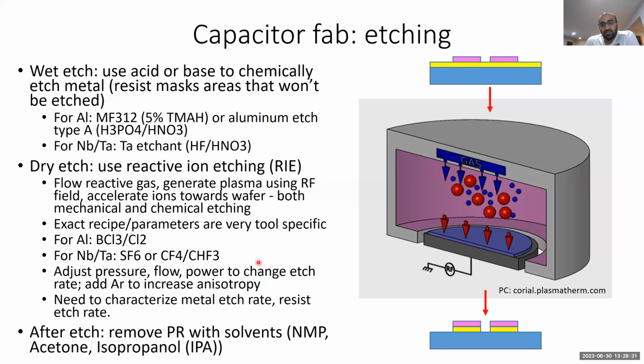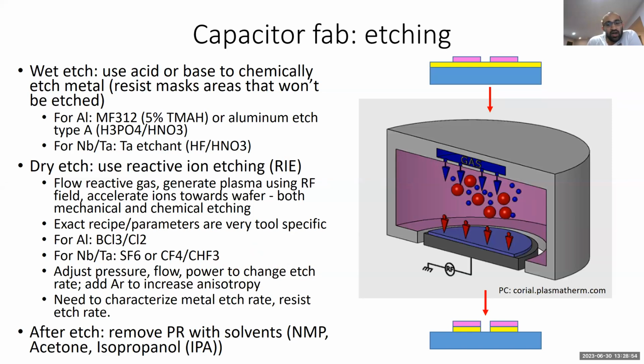Now, the exact recipes and parameters are very tool specific. But for example, if you want to etch aluminum using reactive ion etching, you want to use a recipe based off of boron trichloride and chlorine gas, while for niobium and tantalum, you want to use a fluorine-based gas like SF6, CF4, or CHF3.